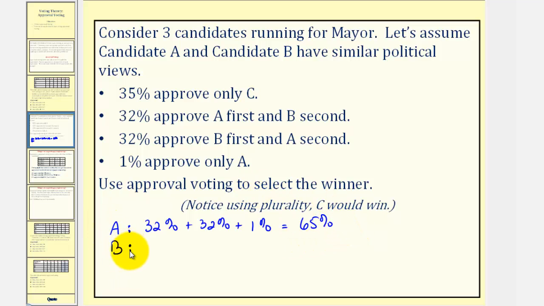Candidate B would be approved by this 32% and this 32%, so 32% plus 32% equals 64% approval rating. And then candidate C is approved by 35%, and therefore under the approval voting method, notice how candidate A would win with 65% approval.